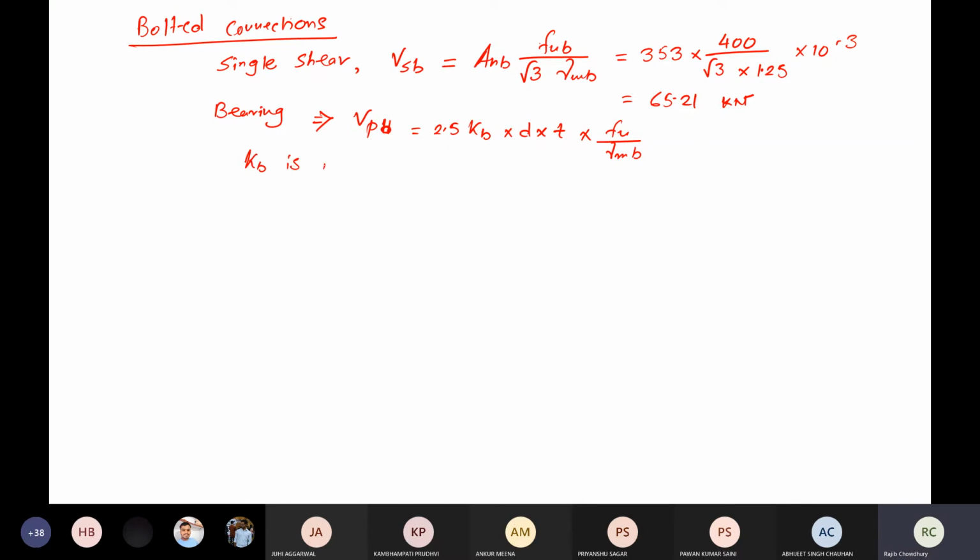KB is the minimum of e by 3d naught, which is becoming 0.5; p divided by 3d naught minus 0.25, which is becoming 0.52; then fub by fu, which is becoming 0.975; and 1.